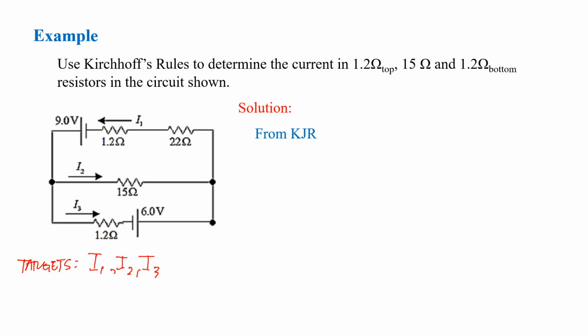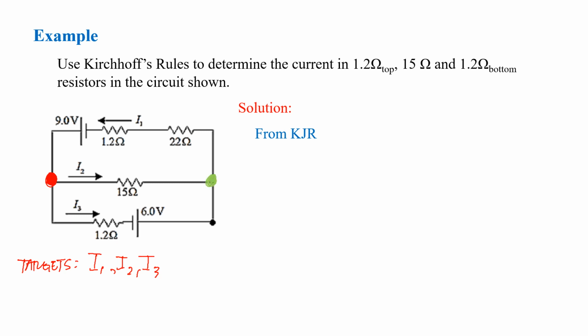So from Kirchhoff's junction rule, we're going to use this acronym here, KJR, Kirchhoff's junction rule. Let's find a junction where we're going to find the sum of all your currents. And I'd like to have this junction here. So take note of this junction here. You can also choose the other junction, which is this one.